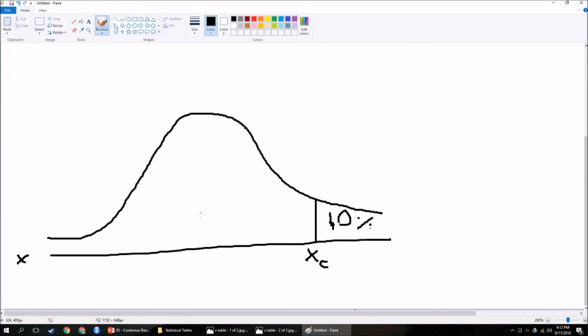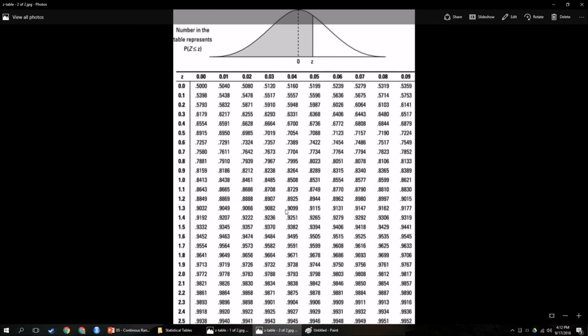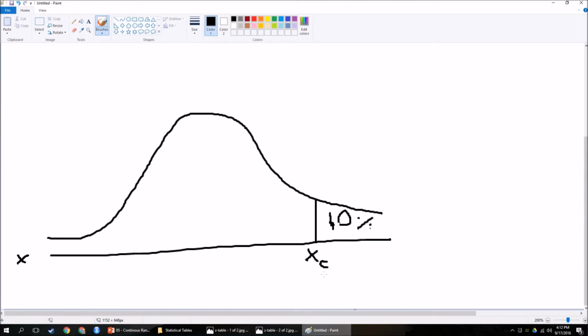Okay? Now remember, when you're looking at a z-table, all of these values are the cumulative probability values, which means that it's the probability that something will occur less than some value of z to the left. Okay? And if you'll notice, the way this problem is set up, if we want 10% of people to do better, greater than some score value, we need to know what this probability is.